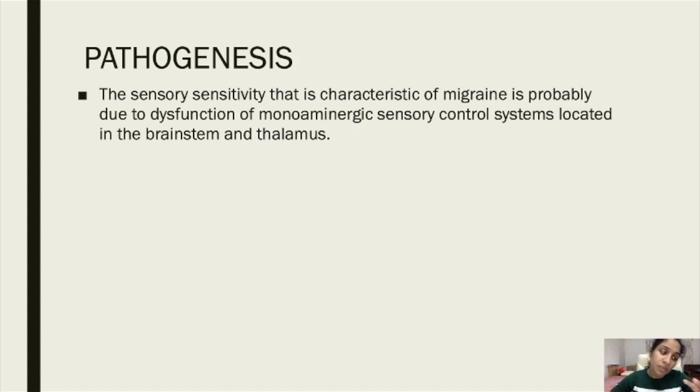It is mainly because of dilation and constriction of the blood vessels. The sensory sensitivity that is characteristic of migraine is probably due to dysfunction of the monoaminergic sensory control system located in the brainstem and thalamus.